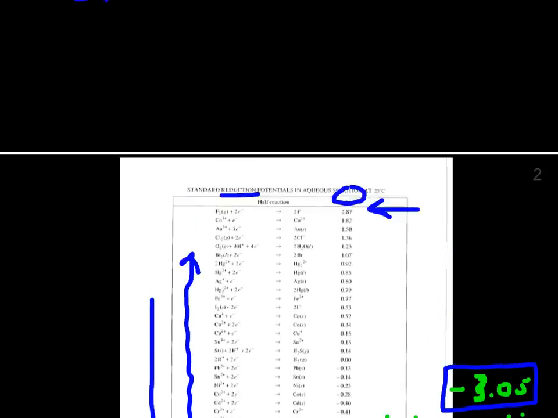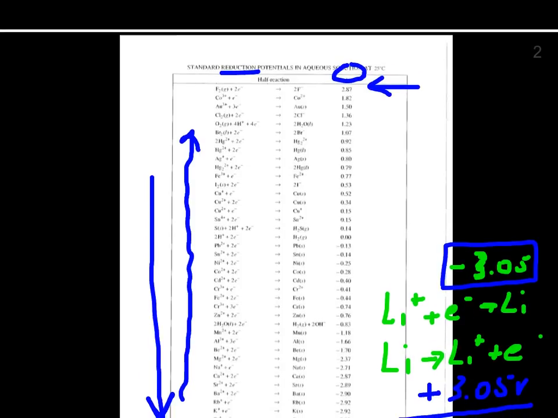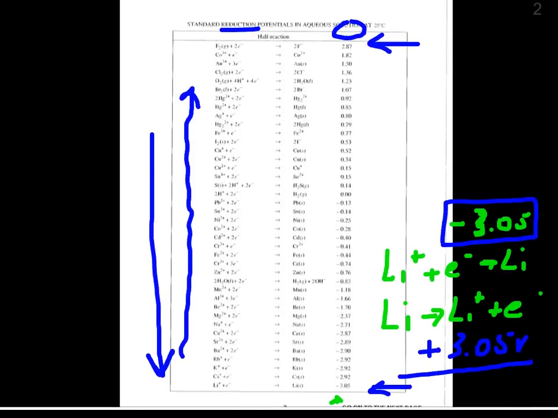So going back to my example, I'm talking about aluminum and tin. Okay, so I've got to find aluminum on here. Oops, didn't want to draw there. So okay, go down the list. Where is aluminum? Right there. Okay, so right there is aluminum.